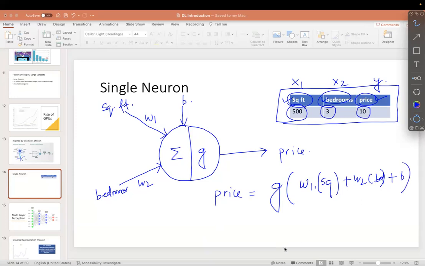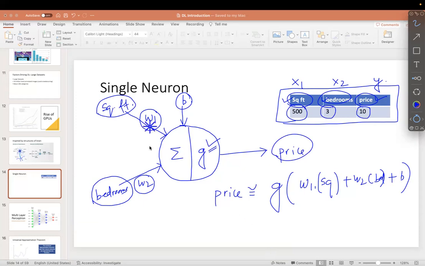And then if you see in this particular perceptron, we have the information about the square feet and we have the information about the bedrooms. All that you have to learn is how much W1 should be, how much W2 should be, how much B should be, and what this particular function should be, so that I can approximate these two values to the price, approximate with some amount of error.